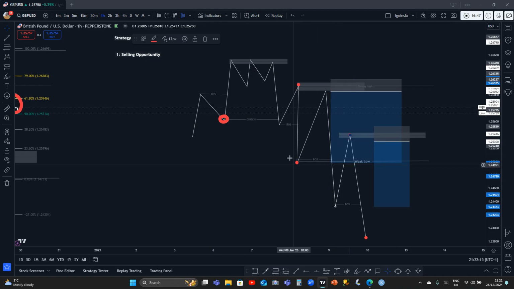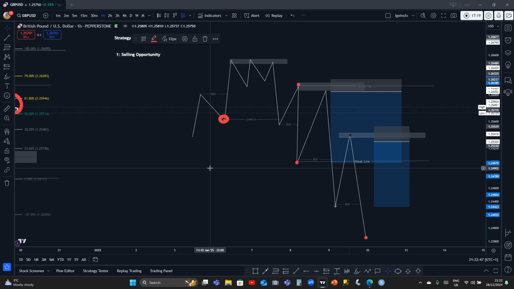But a real pullback or retracement, or you call it a moment of relief, what you will see is that price action will retrace to 50%, even above 50%, sometimes 61%, or even 79%. 50% is a discount level.